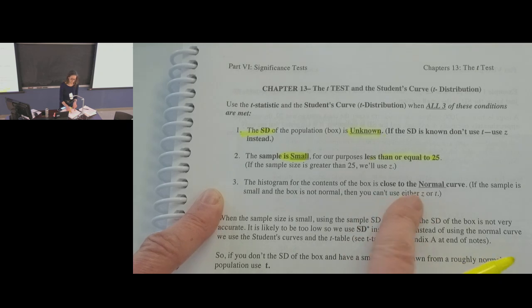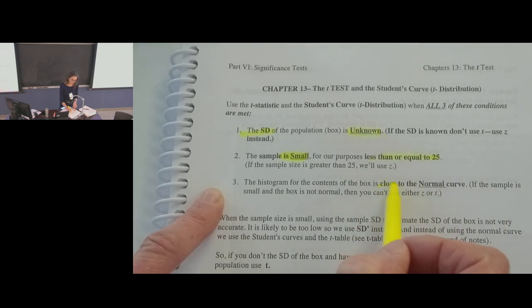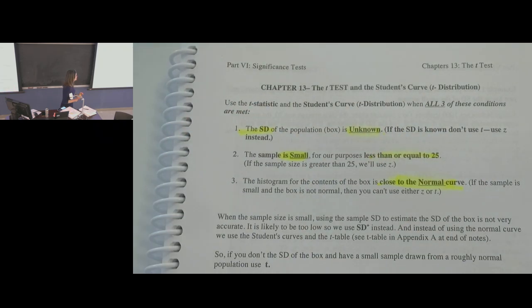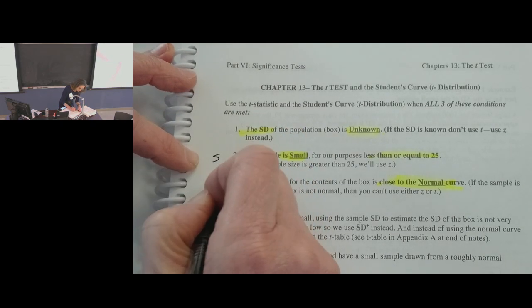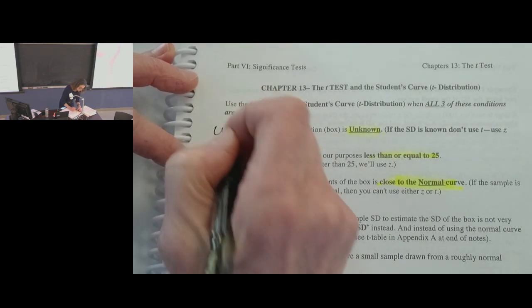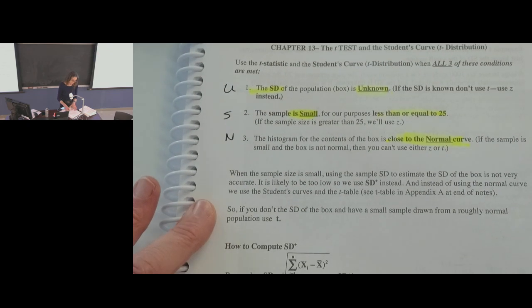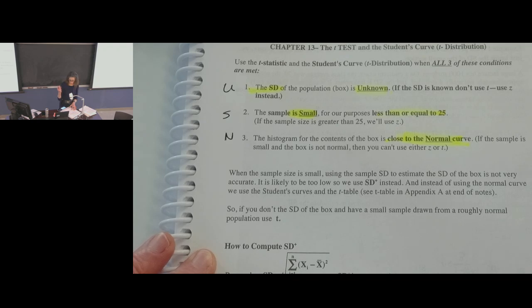And the histogram is close to normal. So let's say we're in a situation where these three things are true: small, normal, unknown SD. Then we're going to use t. So we have to make these two adjustments.